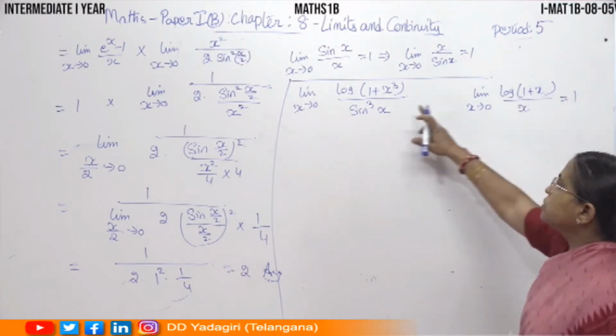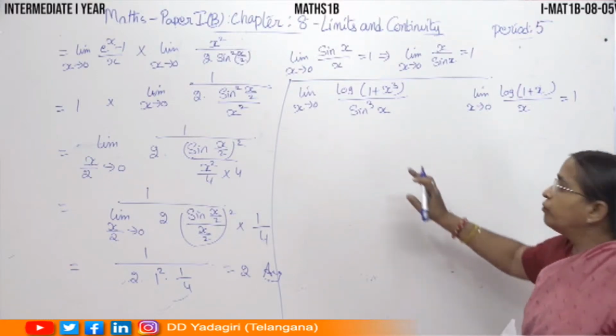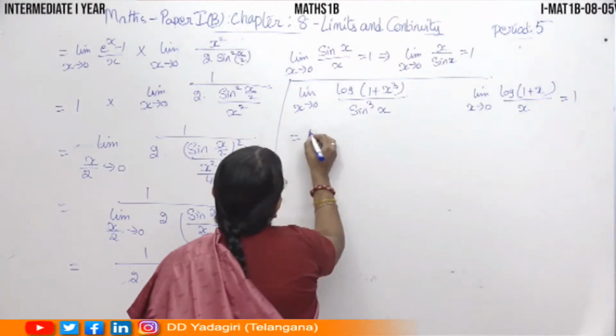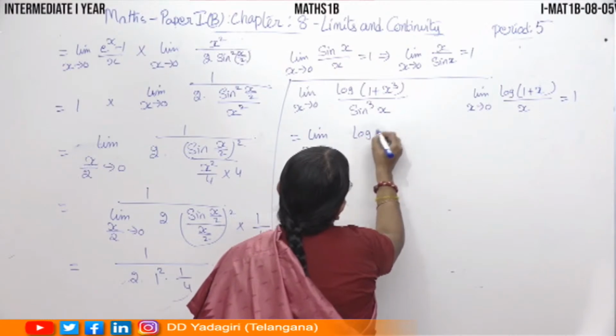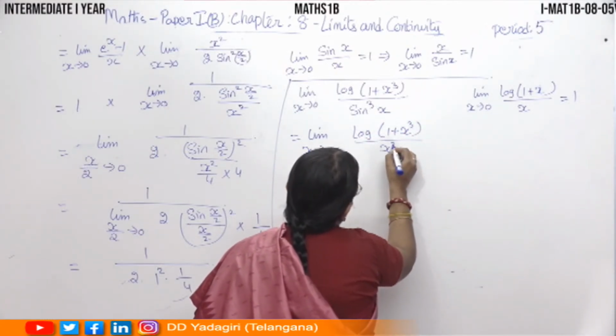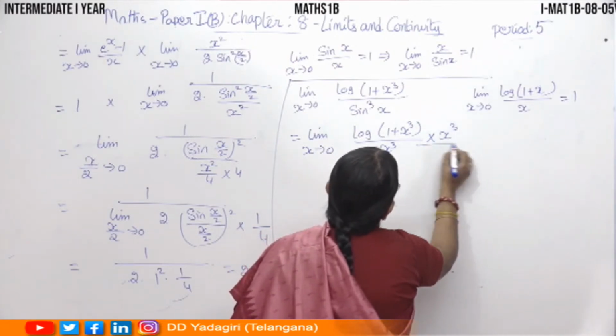So in the place of x, you have x cube. So after this problem, we'll take down the homework. Instead of x, we have x cube. So we'll write limit x tending to 0 of log of 1 plus x cube, and we'll divide by x cube and then multiply by x cube and then sine cube x.